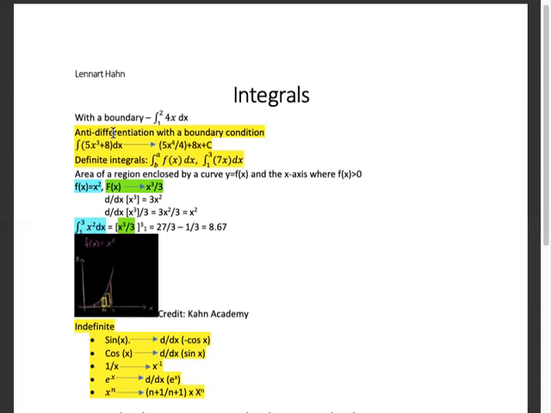Any questions so far? Cool. Okay. One question. For the boundaries, it's a horizontal boundary on like a y value, correct? Yes. Like a y equals kind of boundary. Well, for the upper and lower boundary being 2 and 1, would it be like y equals 2 and then y equals 1?